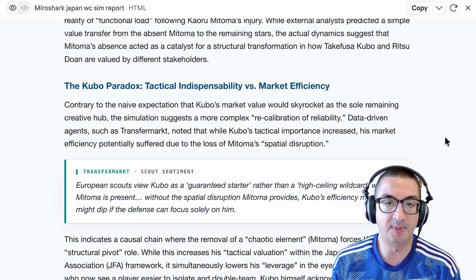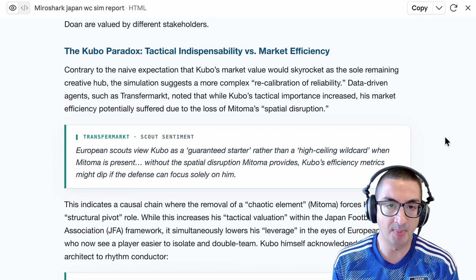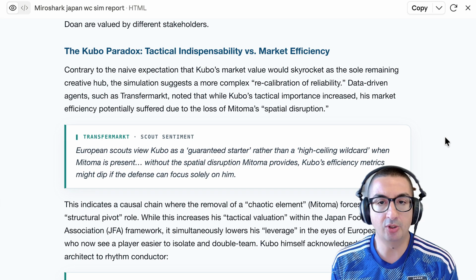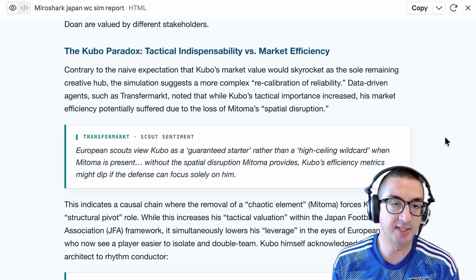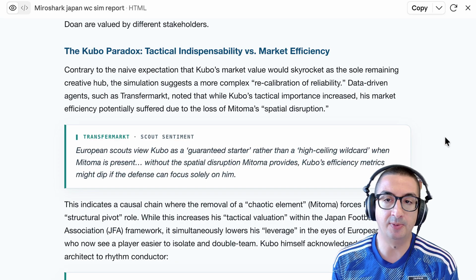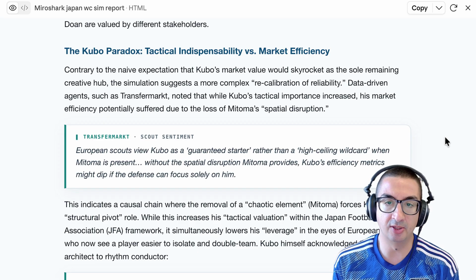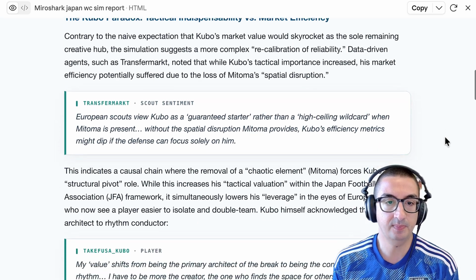Contrary to the naive expectation that Kubo's market value would skyrocket as the sole remaining creative hub, the simulation suggests a more complex recalibration of reliability. Data-driven agents such as Transfermarkt noted that while Kubo's tactical importance increased, his market efficiency potentially suffered due to the loss of Mitoma's spatial disruption.